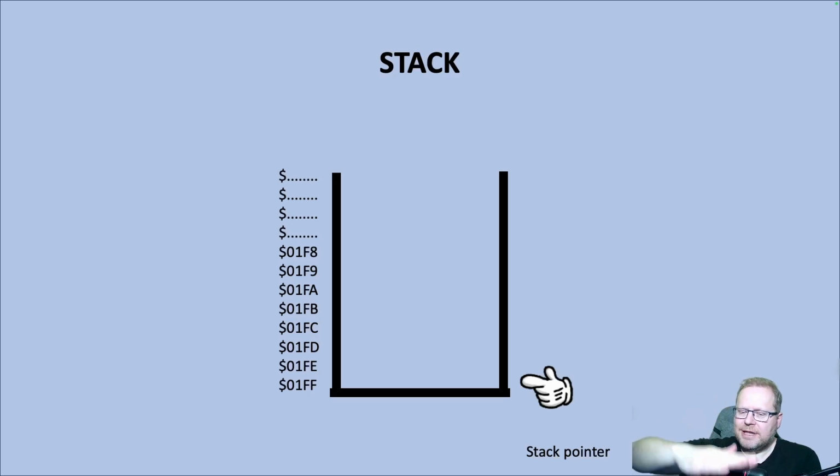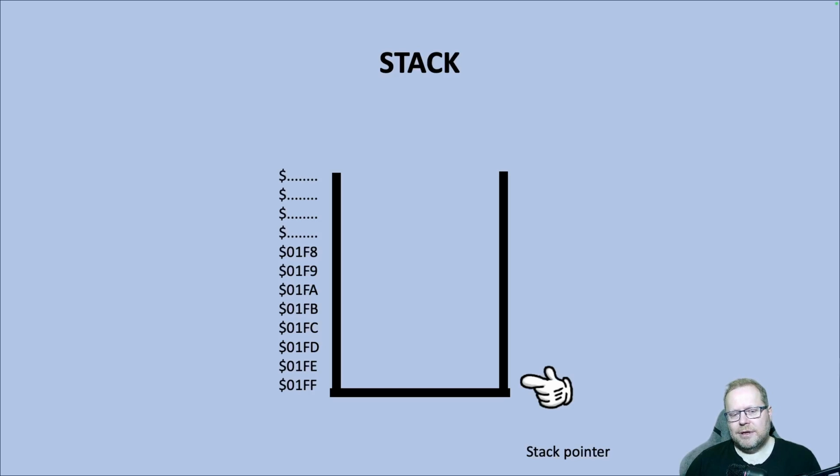So if I stack my dinner plates one on top of the other like that, then the last one I put on the stack is the first one that I take from the stack. Let's try to combine that analogy, the stack of dinner plates, and see how that would work in the CPU stack.